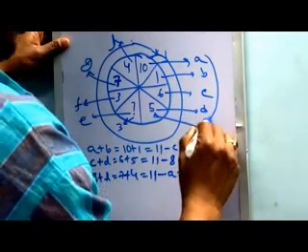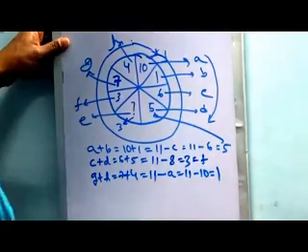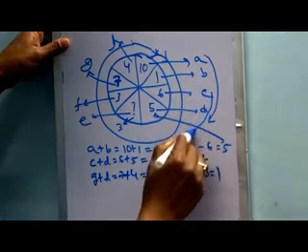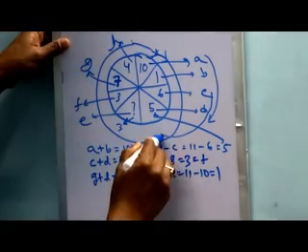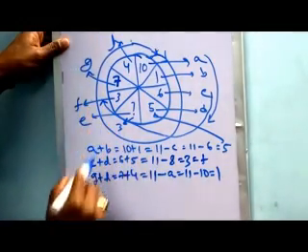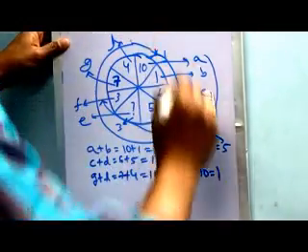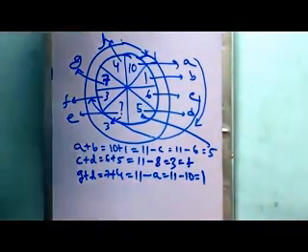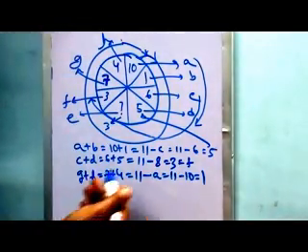Similarly, the next operation will be C, D, E, F, that will be covered, and so on. That's the logic. It's not very simple, it's a complex logic, but it's very common.